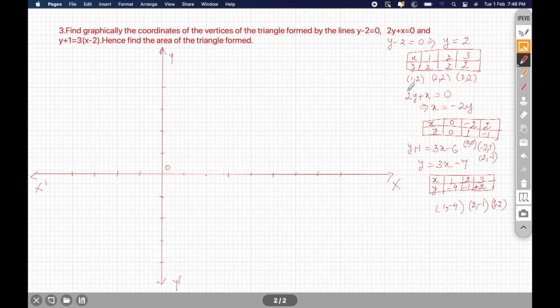Now let us plot the points. The first point to be plotted for the first equation y equals 2, you can see 1 comma 2, then it is 2 comma 2 and 3 comma 2. I also told you that y equals 2 is a line parallel to the x-axis at a distance of 2 units. So this is 2 units from the origin and we have to draw a line parallel to the x-axis. So we have to draw a line passing through this point parallel to the x-axis.